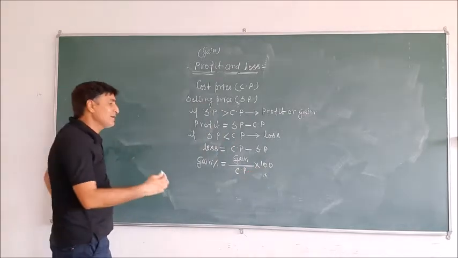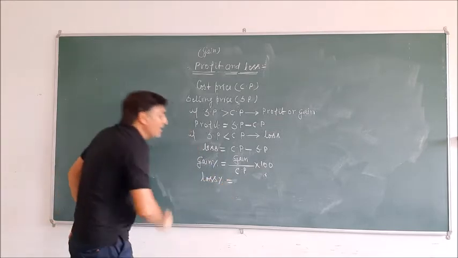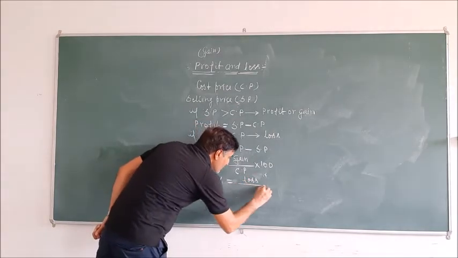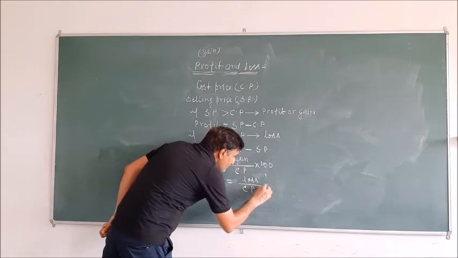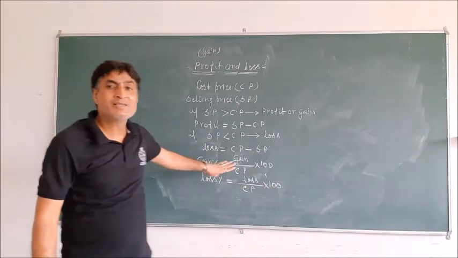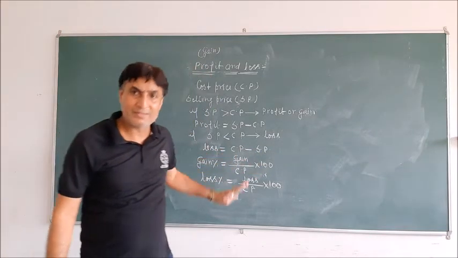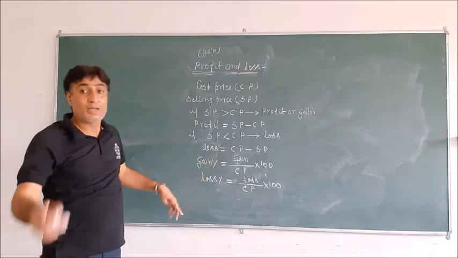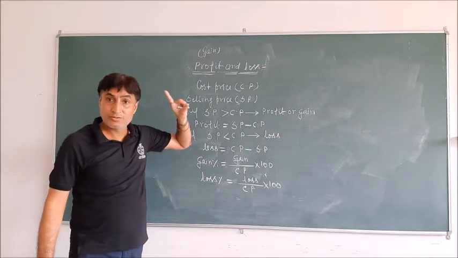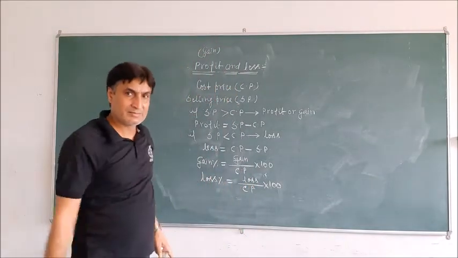Similarly, loss percent can be calculated using the formula loss divided by cost price into 100. These two formulas, dear students, can be derived using the unitary method. Remember one thing: profit or loss are always calculated on cost price.